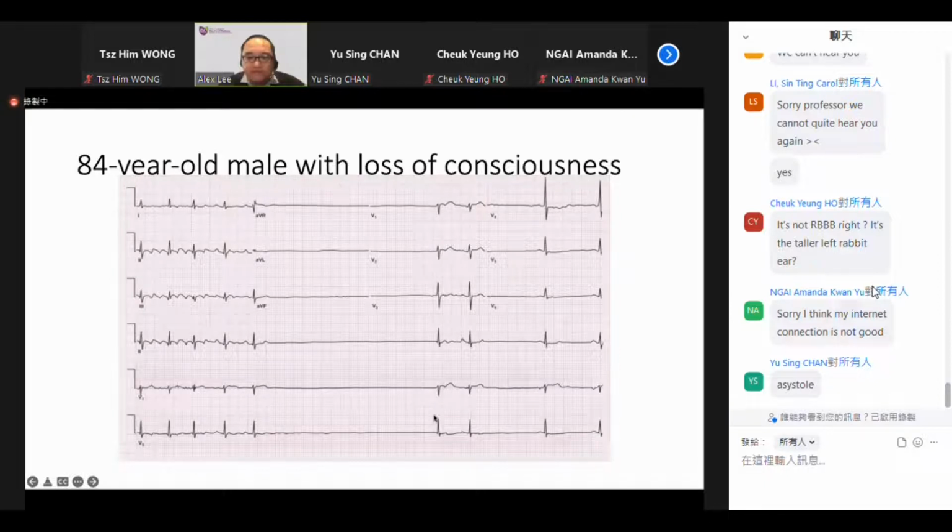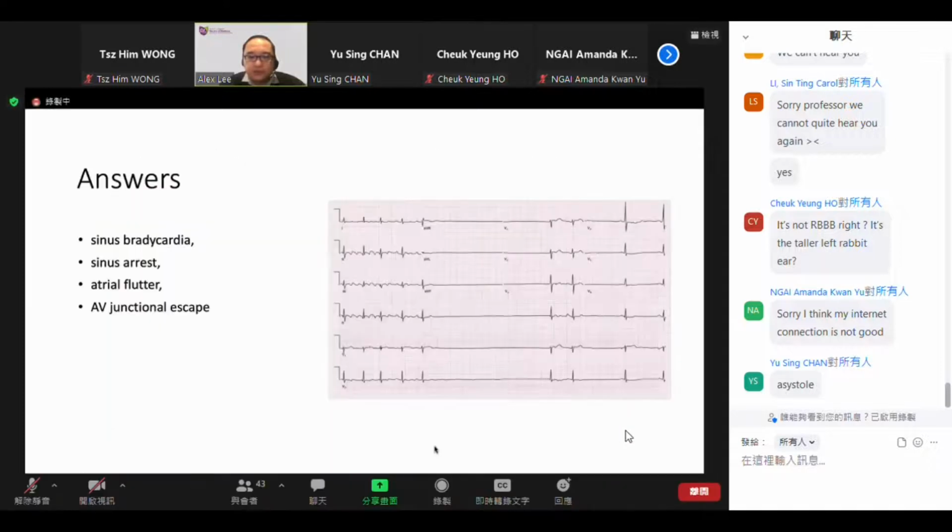So you have the junctional beat here, and then here there's another sinus beat, but now the patient goes into sinus bradycardia, because you can see here this is a sinus beat, and a sinus beat, but the heart rate is very slow, less than 50 beats per minute, and therefore this part is a sinus bradycardia. So atrial flutter, and then sinus arrest, and then sinus bradycardia with a junctional escape here. Okay, so this is the whole thing.